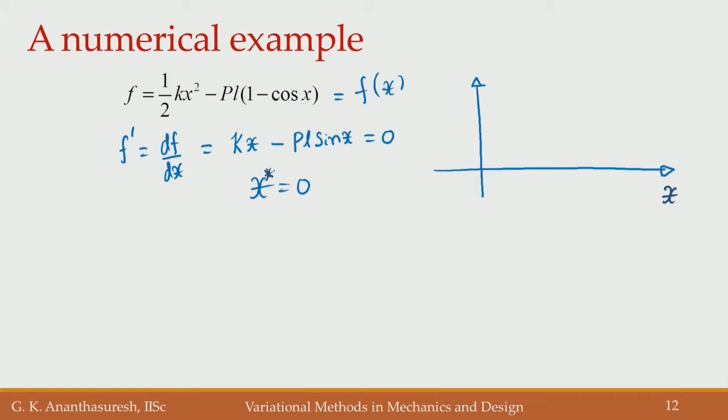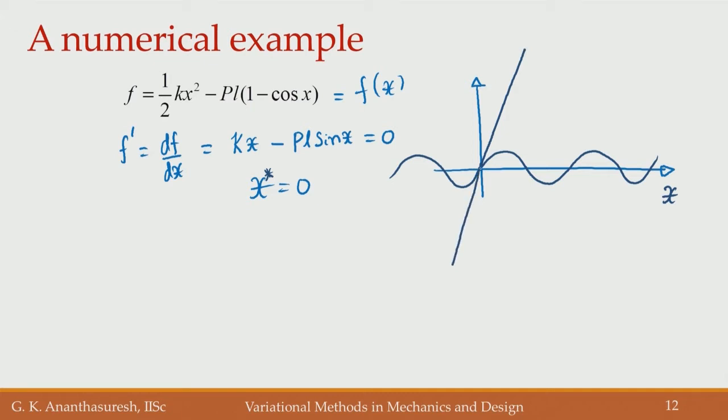Is that the only solution? If you look at kx and PL sin x, let us draw for some value of P and L, we can draw the sine curve, and in fact it will go both sides. And then if I take a value of k that is very large, I will have a straight line like this.